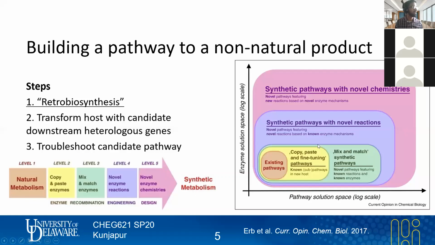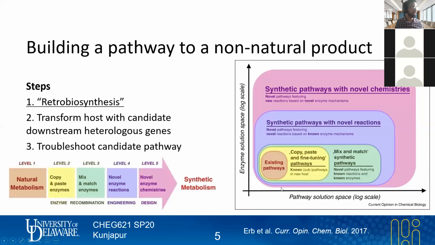Both this arrow and this graph correspond to one another. They're from the same paper. And I think what's important here, and another way in which metabolic engineering and protein engineering really intersect, is this idea that you have a relationship between your pathway solution space and your enzyme solution space.